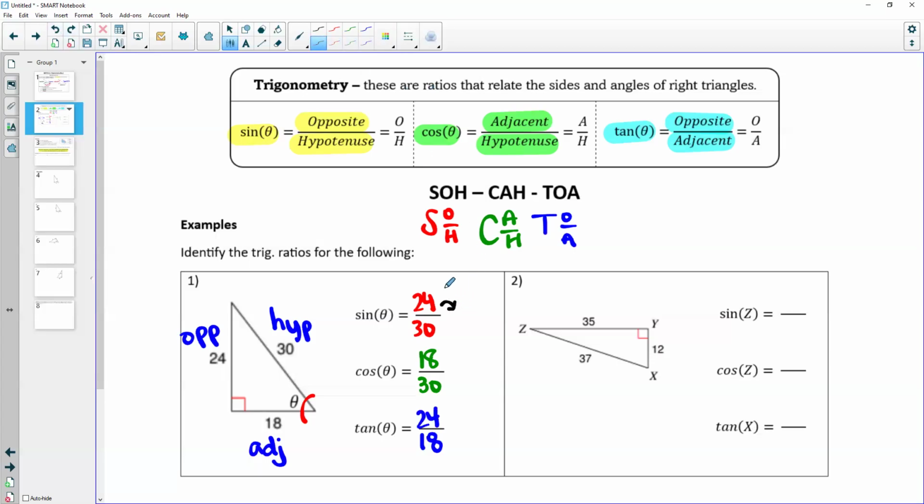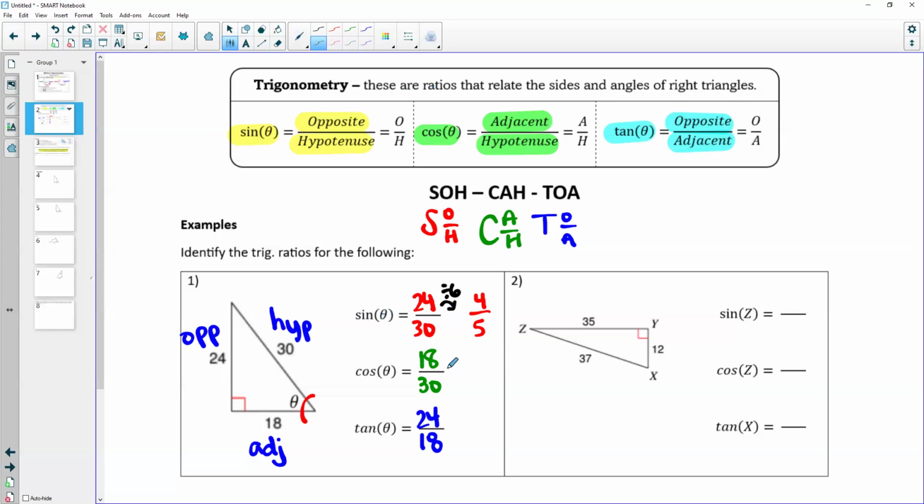Let's divide by 6 here. 24 divided by 6 gives us 4, and 30 divided by 6 is 5. So the ratio for sine of theta simplifies to 4 over 5.